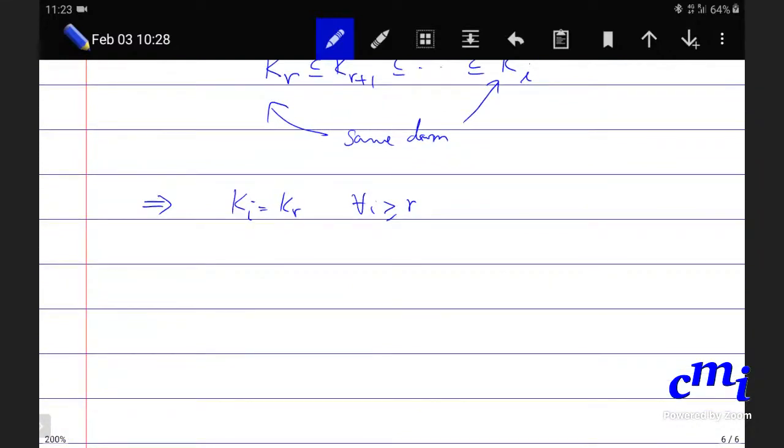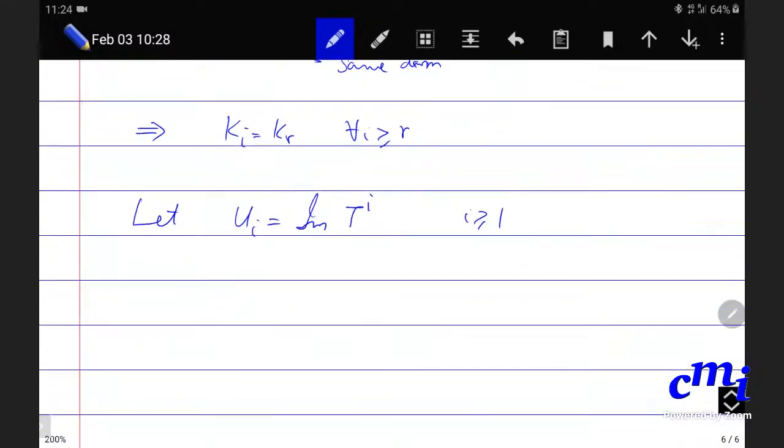We also look at the image of T. So let us write Ui, the image of T^i. So now, the image of T square is anyway in the image of T and so on.